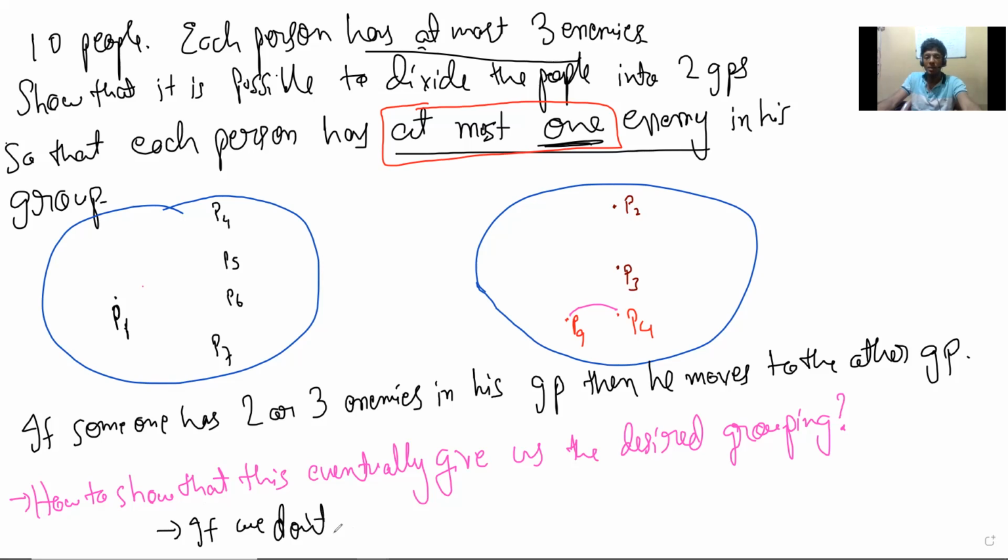If no moves can be made, then done. You can go home. Everybody gets this, right? Because no moves can be made means that every person has at most one enemy in his group. So you have to come to a place where no moves can be made.